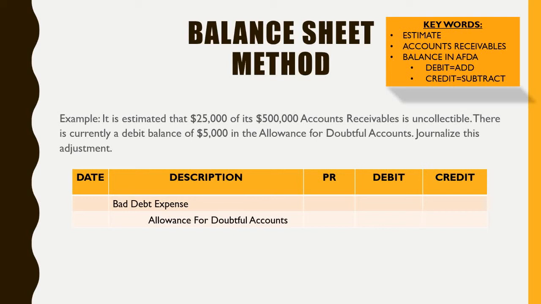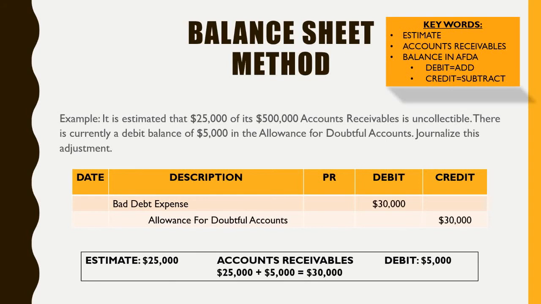So if my end goal is to get $25,000 in my allowance for doubtful accounts account at a credit balance, then because I have a debit balance, I need to add those two numbers together to get a total of 30,000.